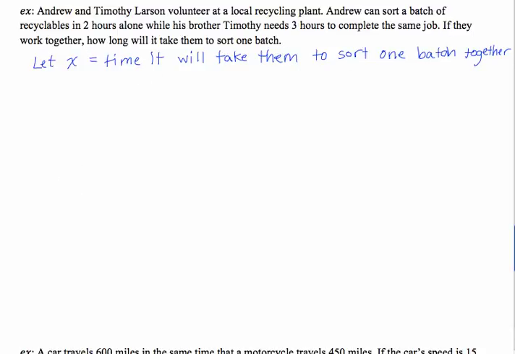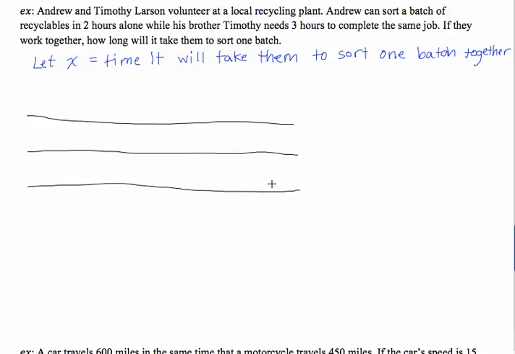Okay, now let's break this down, and the simplest way to break this down is to draw a little chart. So we're going to need 3 lines here, really four lines actually. I'm going to break it down into what each of them is doing and how long it takes each of them to complete the job.